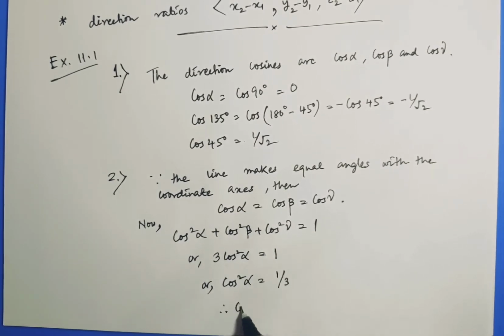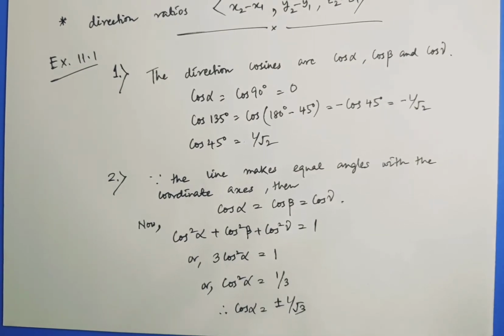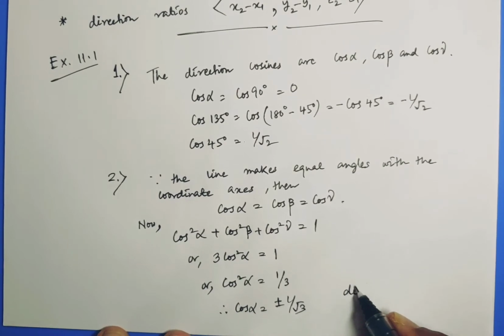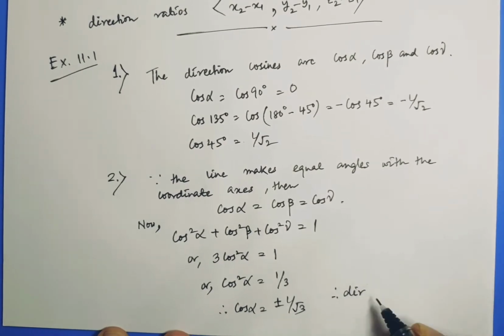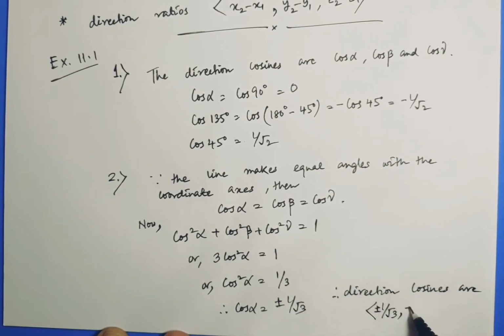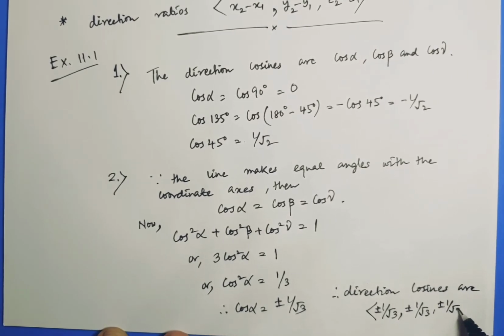So therefore cos alpha is equal to plus minus 1 by root 3, right? So the direction cosines will be plus minus 1 by root 3, plus minus 1 by root 3, plus minus 1 by root 3. Okay.